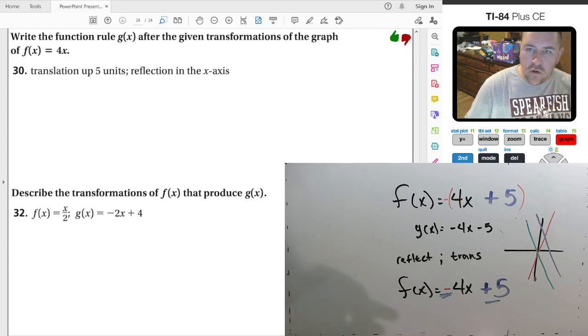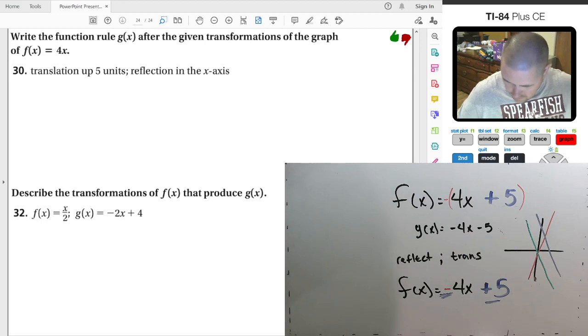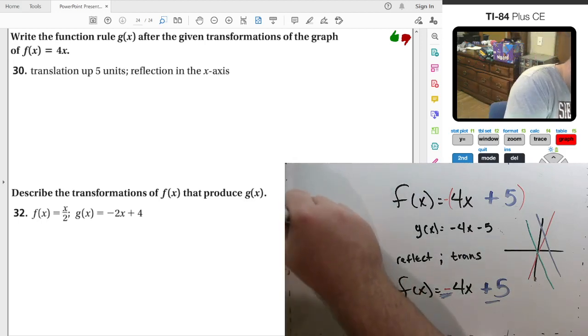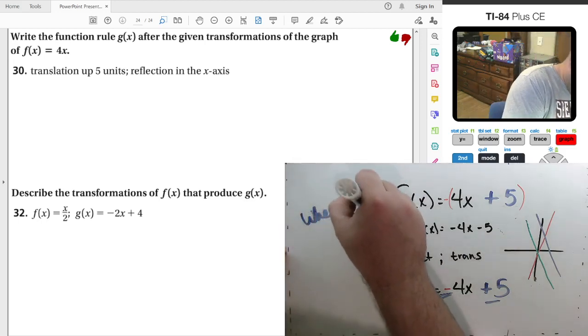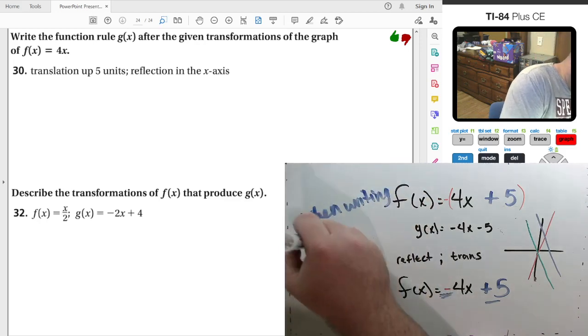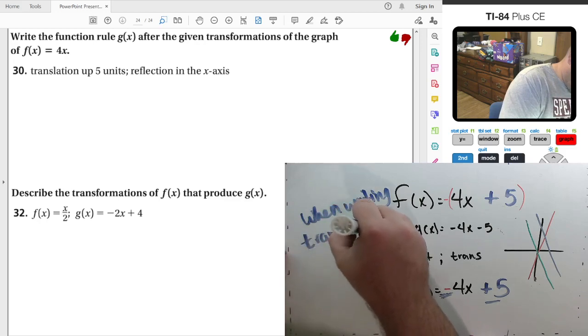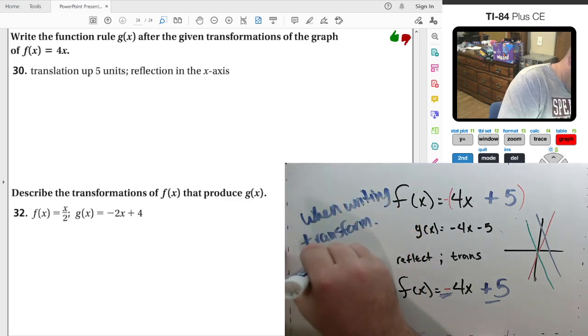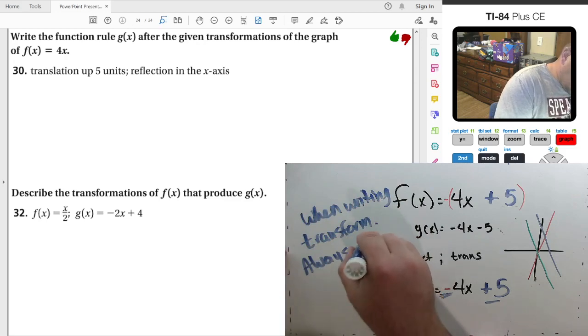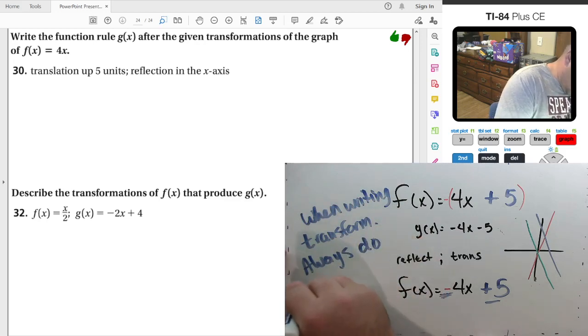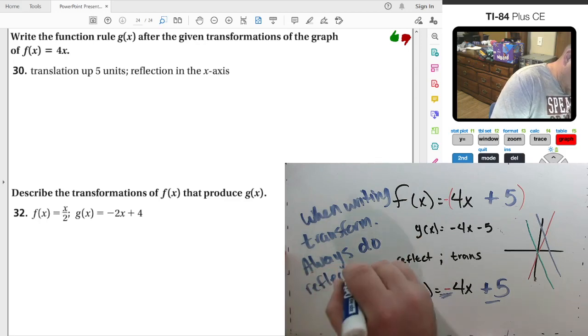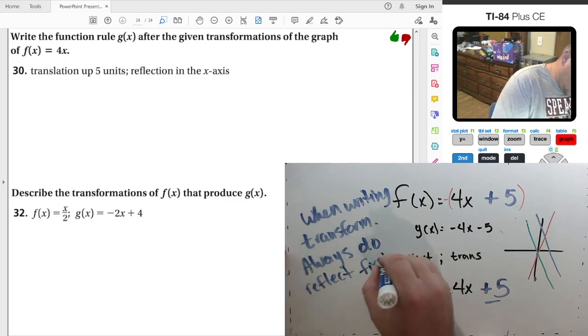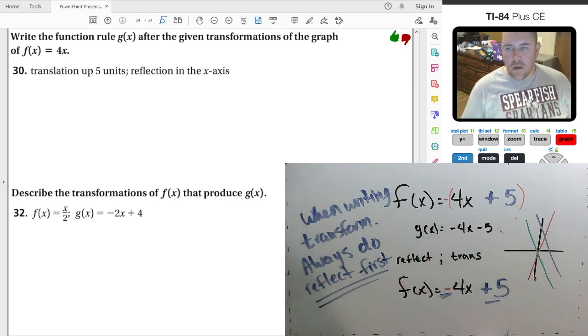You know what? I want you to put a note next to this. When you write it, okay? When writing your transformations, always do reflections first. Okay?